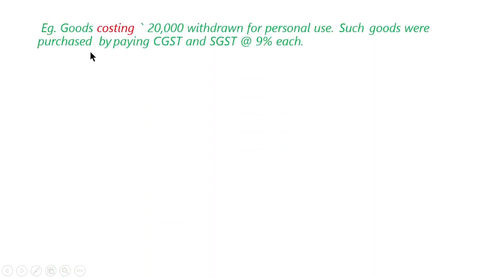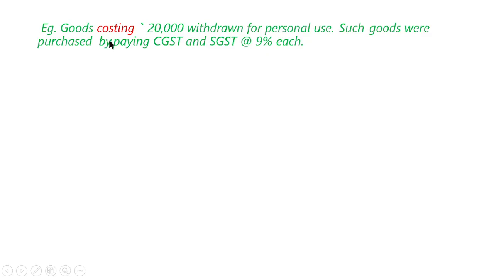Next example, goods costing 20,000 withdrawn for personal use. Such goods were purchased by paying CGST and SGST 9% each. Suppose in this case, one person, suppose Rohit already purchased 40,000 worth goods, and in that 20,000 worth goods withdrawn for personal use, and such goods were purchased by paying CGST and SGST at 9% each.